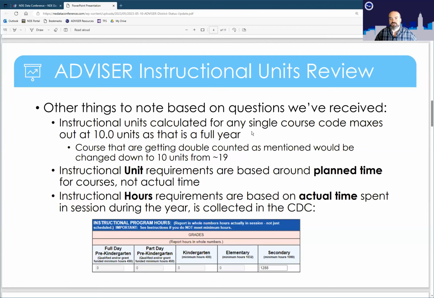So to avoid having any weird effects where things are getting double counted, like I've mentioned, it's happening, we top everything off at 10 units. So if you're getting this double counted problem, you may just see a lot of courses are coming in at exactly 10 units, instructional units. That's because probably the way the math ended up, you were getting like 19 instructional units, and we pulled it down to 10.